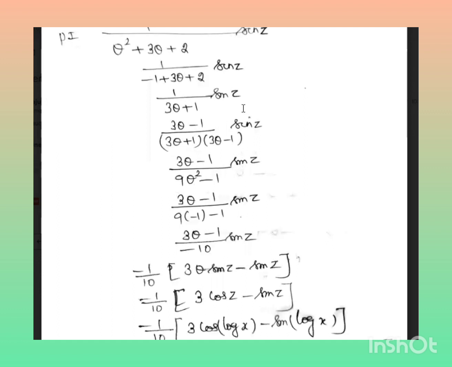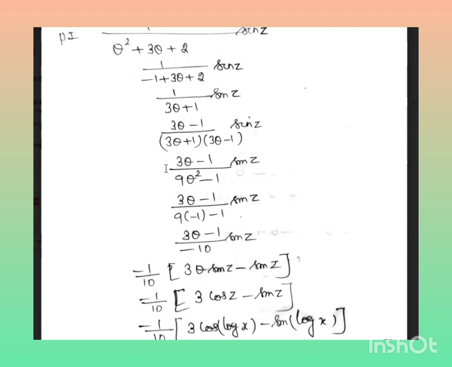Now we cannot use the value for theta; that should be theta square. So how to make it theta square? You have to take the conjugate. 3 theta plus 1 is in the denominator, so numerator as well as denominator you have to multiply by the conjugate, 3 theta minus 1. That's why I have written here 3 theta minus 1 divided by 3 theta plus 1 into 3 theta minus 1 into sin z.